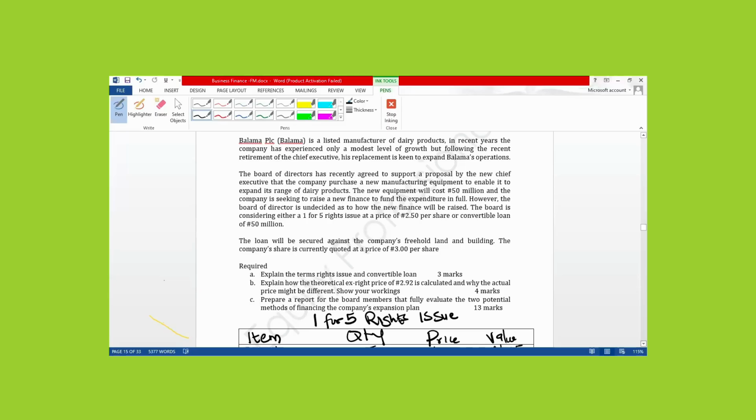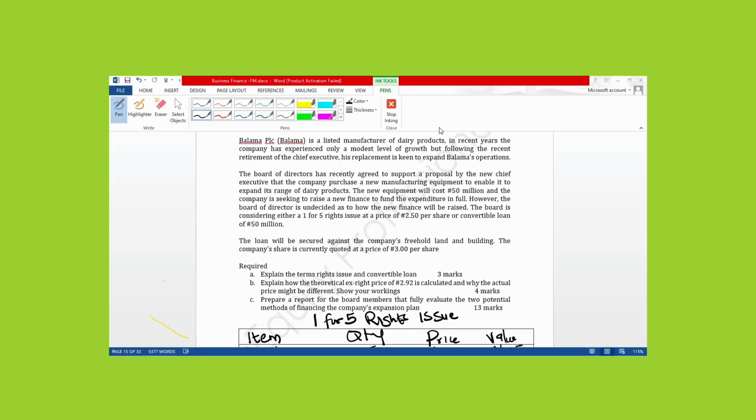If you look at that definition, we said theoretical strike price is the expected share price after the completion of the right issue. What we expect the share price to be at the stock market after we have completed the right issue.